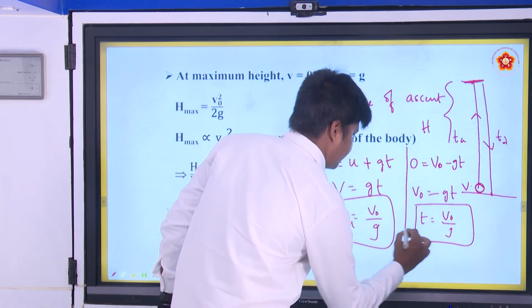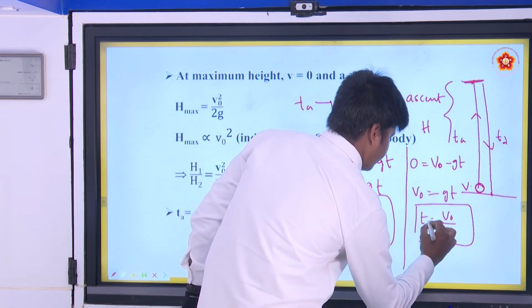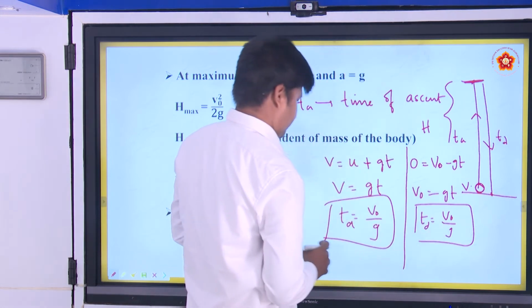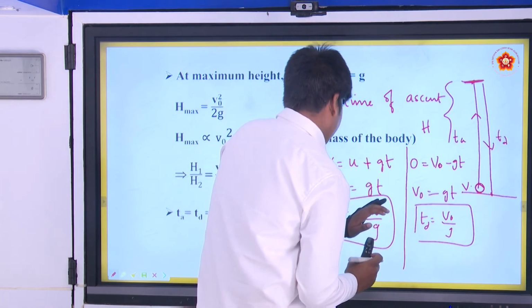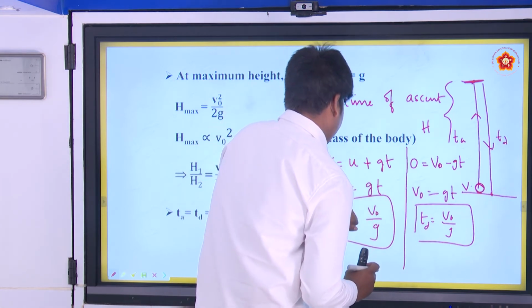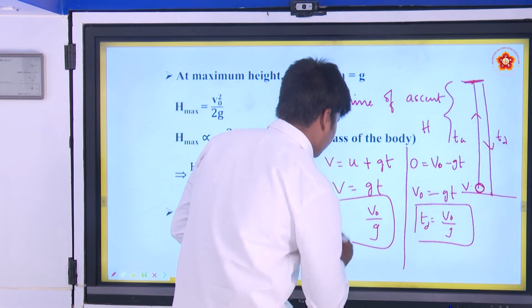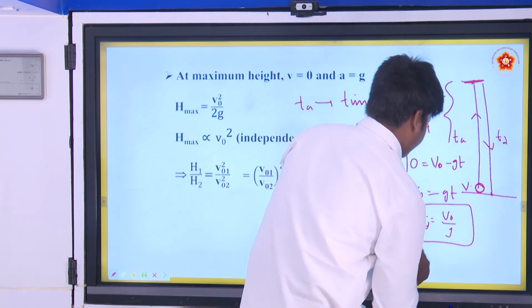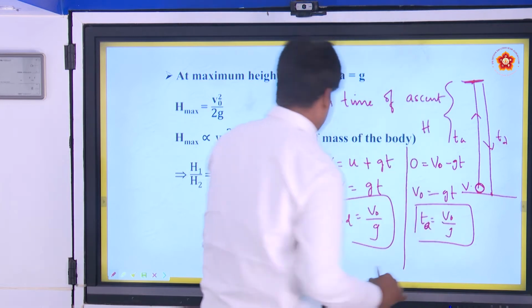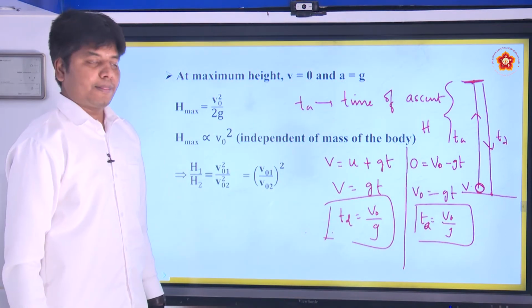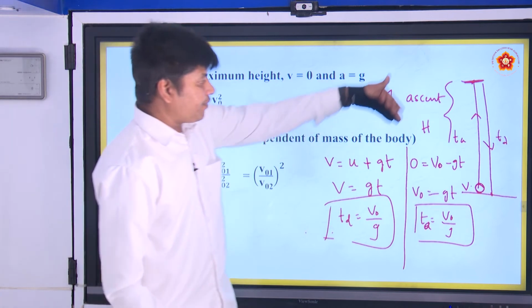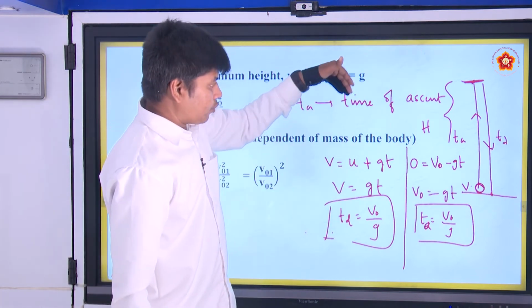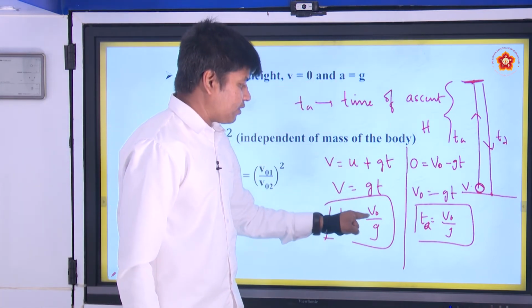This is time of ascent, this is time of descent. All right. So, with the time of descent, I throw it with some velocity, it attained some velocity v naught.